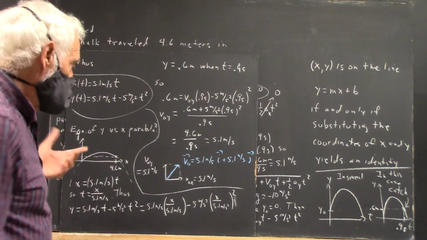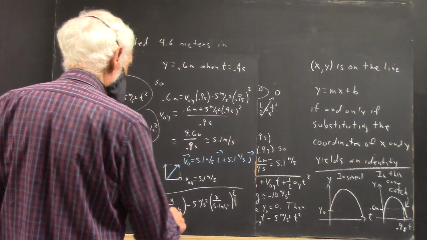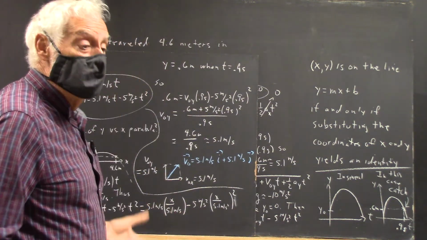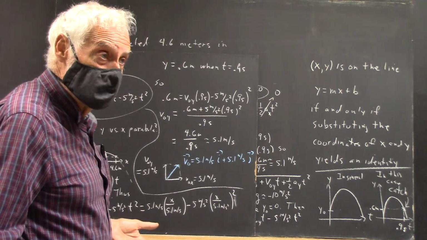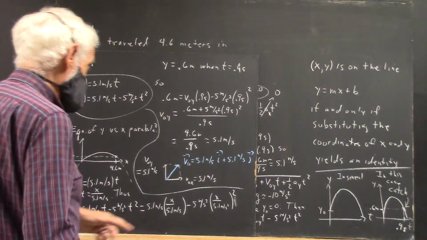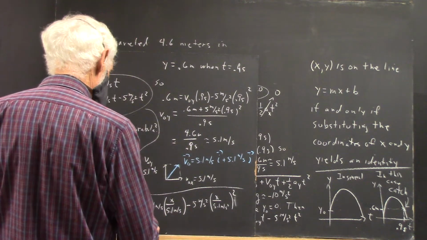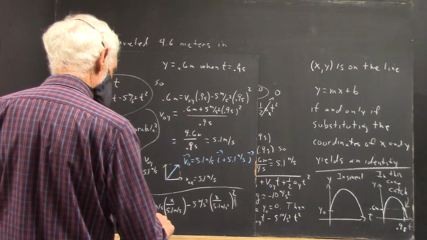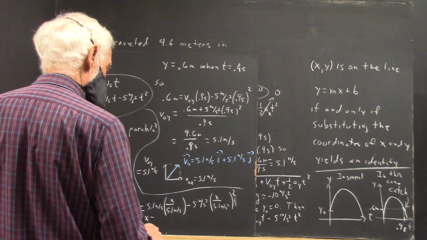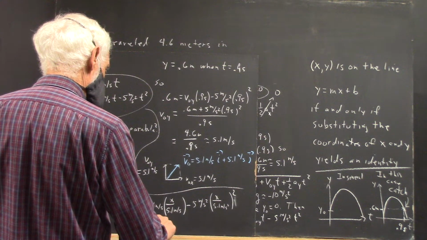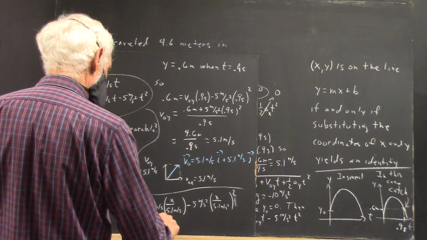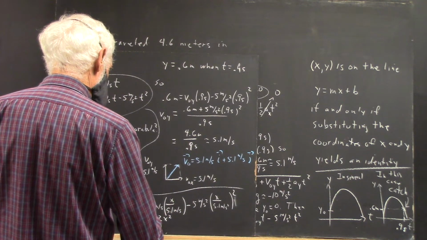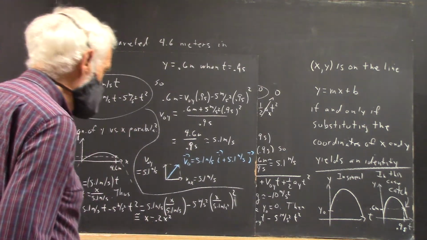And conveniently, just because of the amazing coincidence that according to our figures I released this thing at 45 degrees, now this and this are equal. I'm going to cheat a little bit.